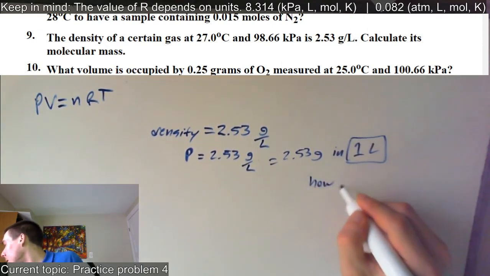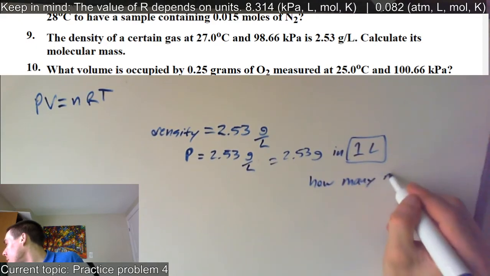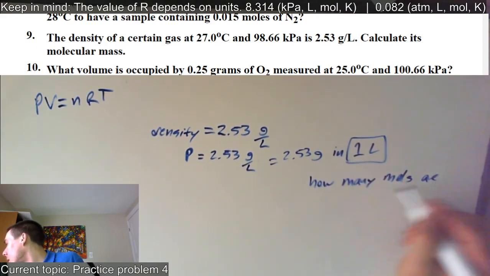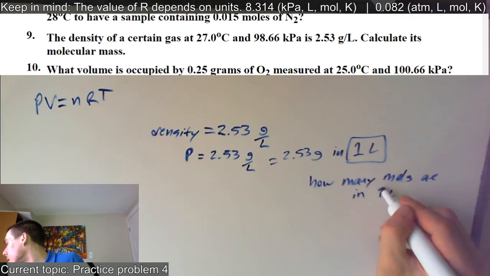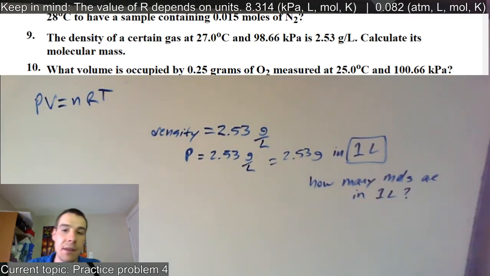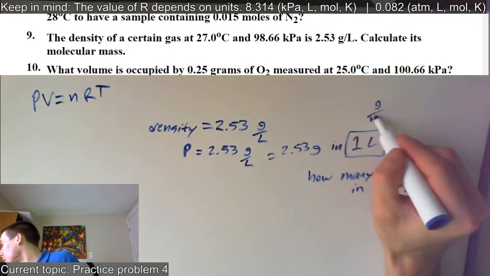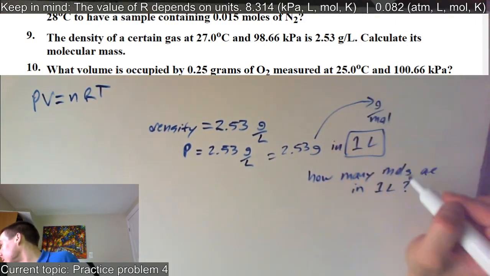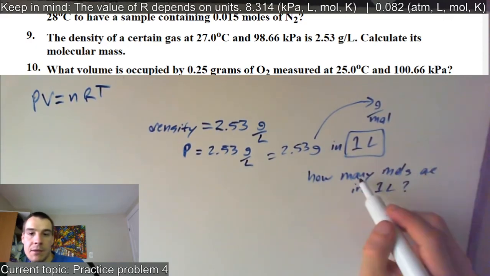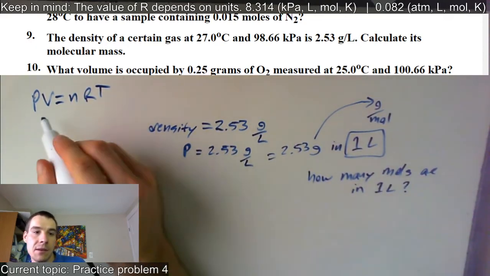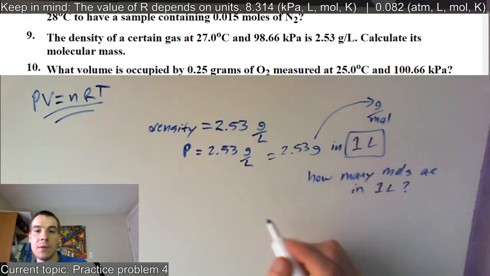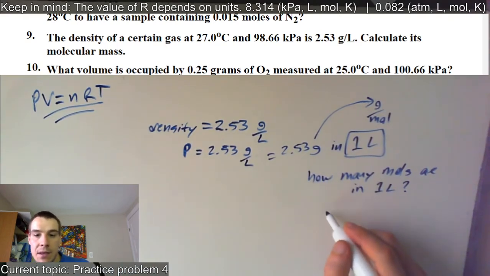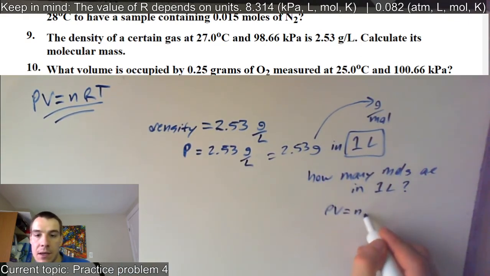How many moles of this gas are in 1 liter? Because grams per mole, well, I already have grams. I'm going to use PV equals nRT to solve for moles. N is what we want to solve for.